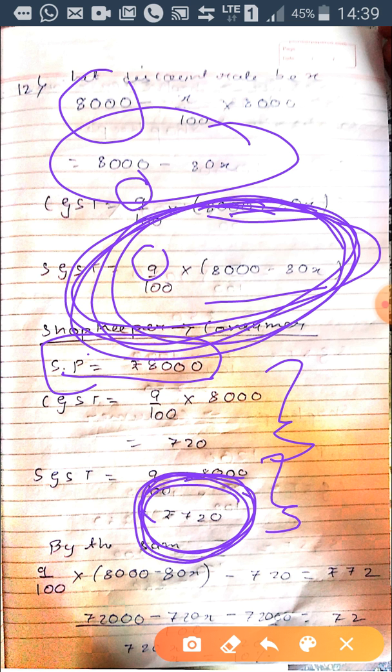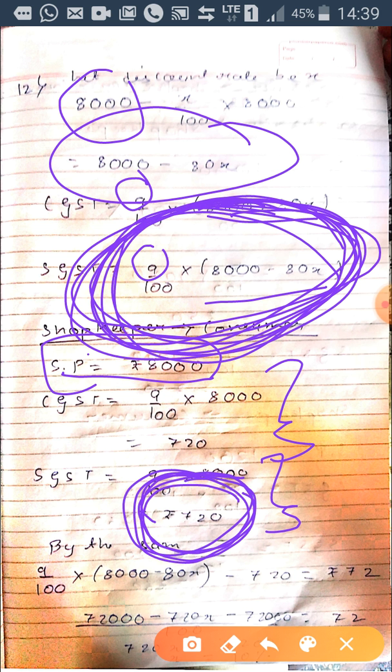Unfortunately we don't have the amount which he had paid, so to get the equation of the sum, we will subtract this one and this one. So 9 by 100 into 8000 minus 80x, minus 720, which he gets back from the consumer, is supposed to be 72.